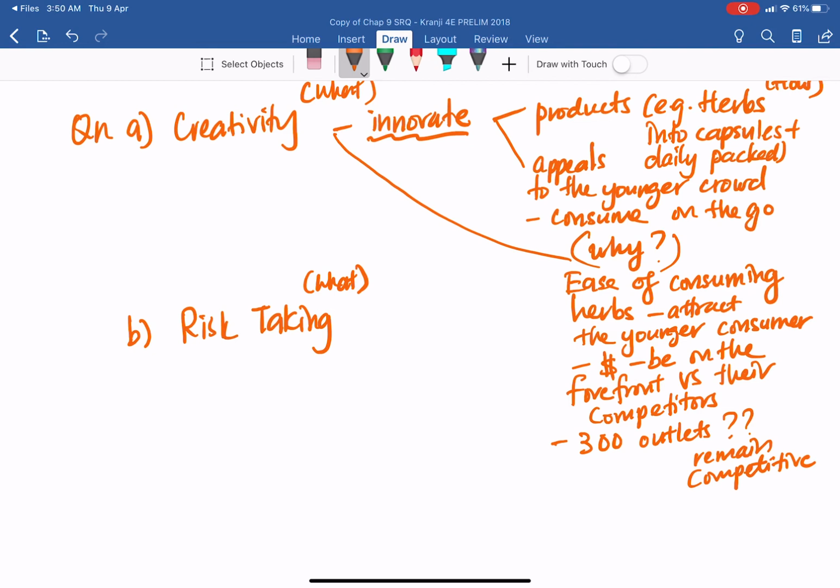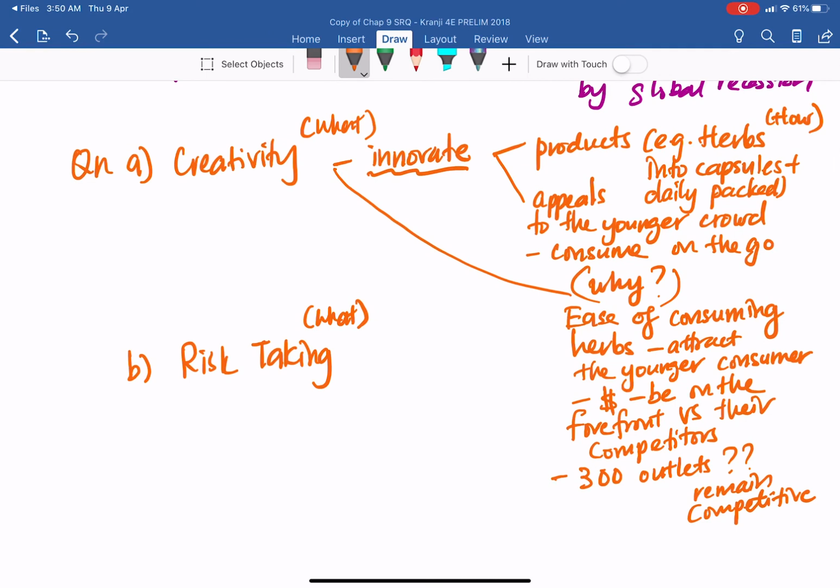Okay, so later on, please go to their website and take a look at what else they have done. This is just one example. You need this one good example, but you can also see the website and look at it. Okay, now what else do they do to ensure that they remain competitive? So one of it is they are a risk taker. Why?